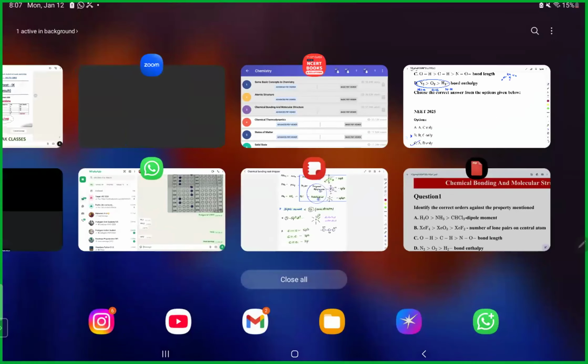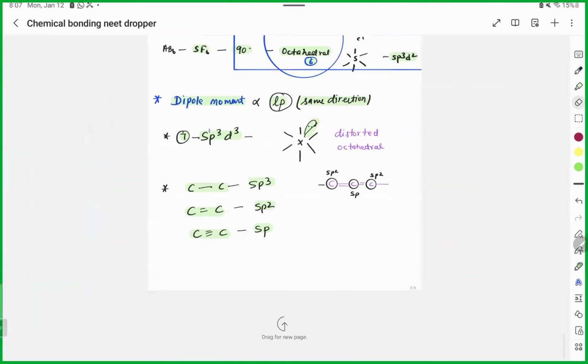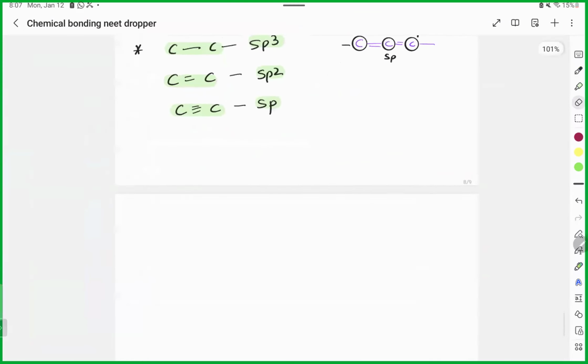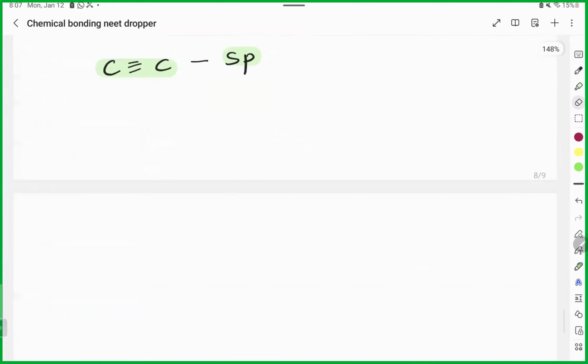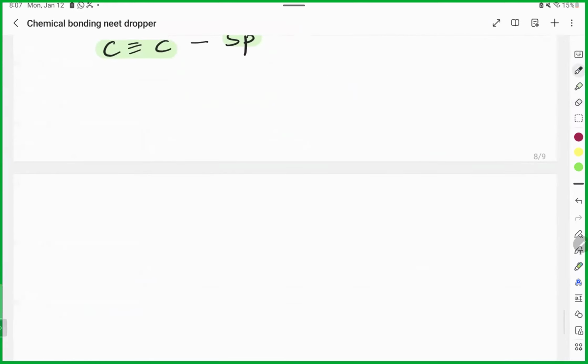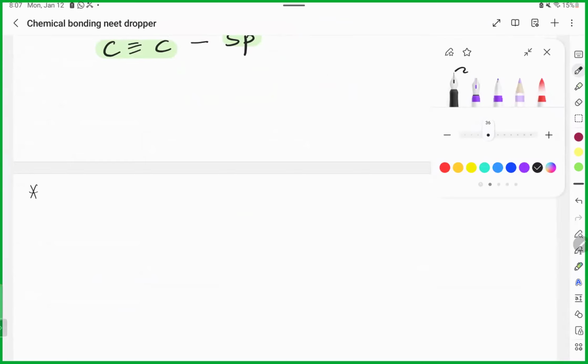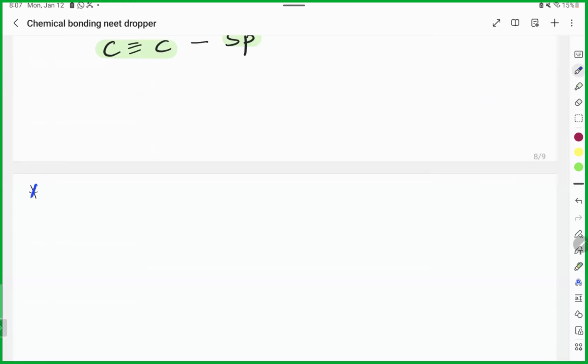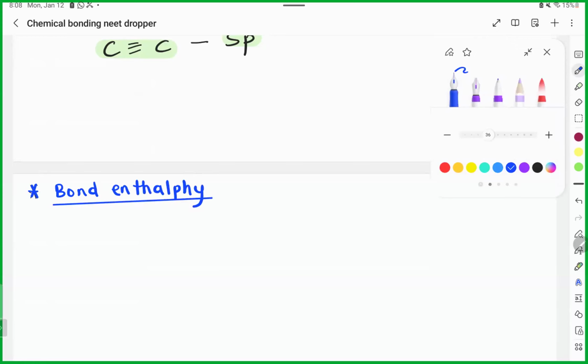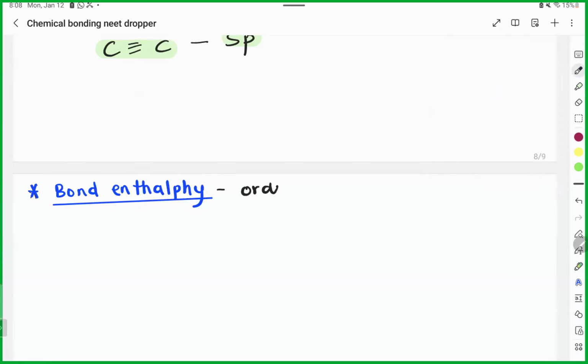So you can add in your notes also. Through the question, we can add more content. Bond enthalpy. Order is same as bond order.